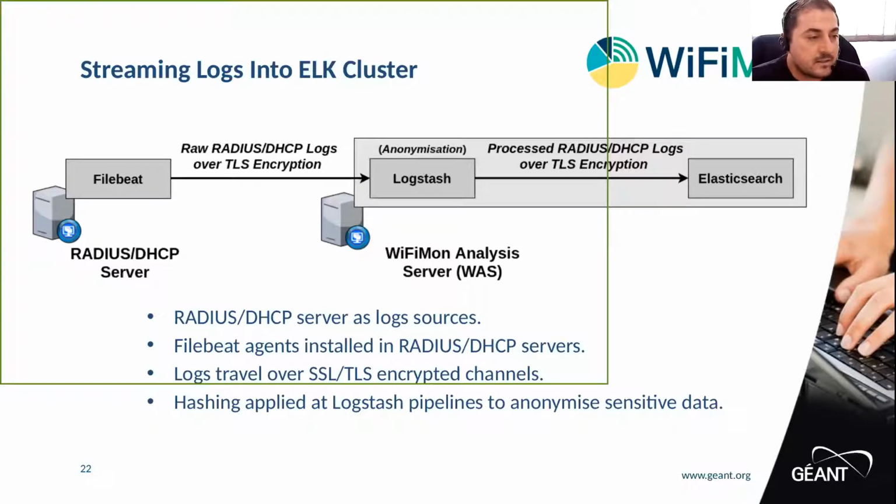We see here in this image the main components. The main component of the cluster is Filebeat, which is installed in the RADIUS and DHCP servers to consume logs from those services. Logs go over TLS encryption to Logstash. Here the anonymization happens: hashing functions are applied to some sensitive fields, so we are compliant with the GDPR instructions.